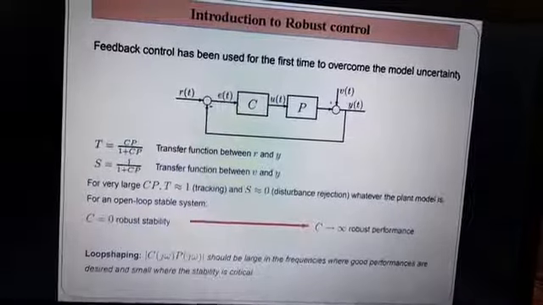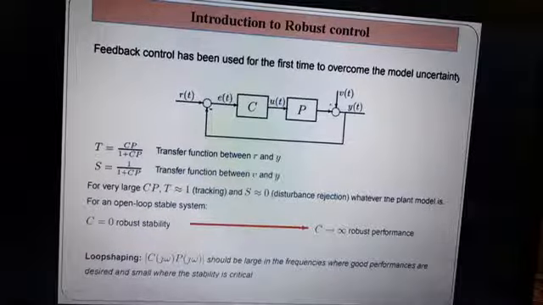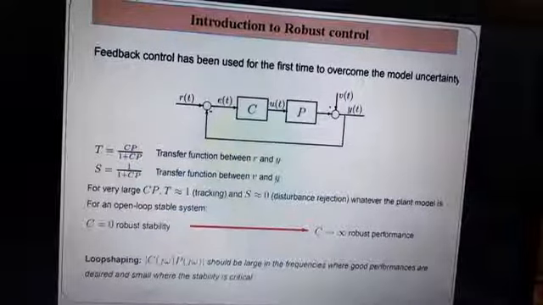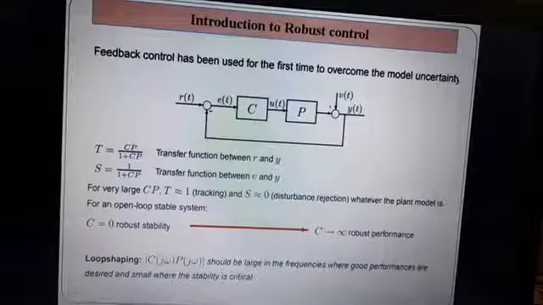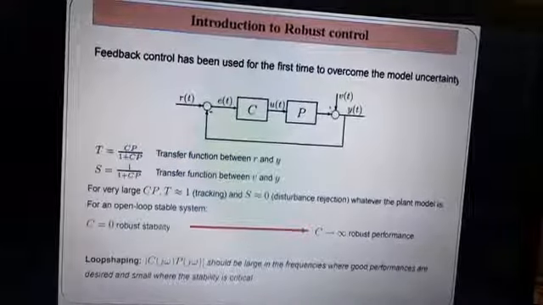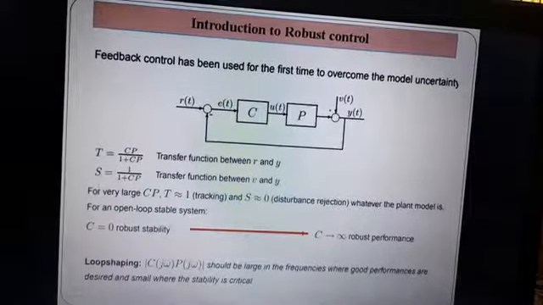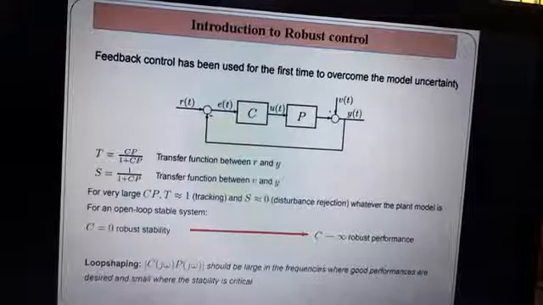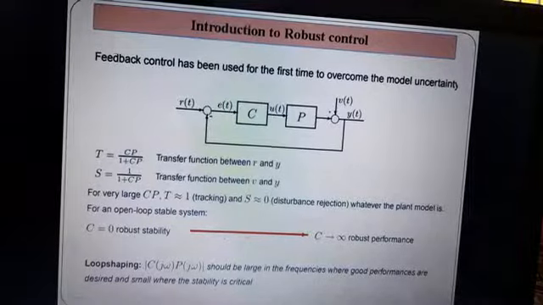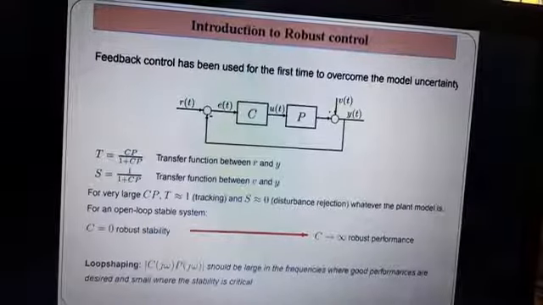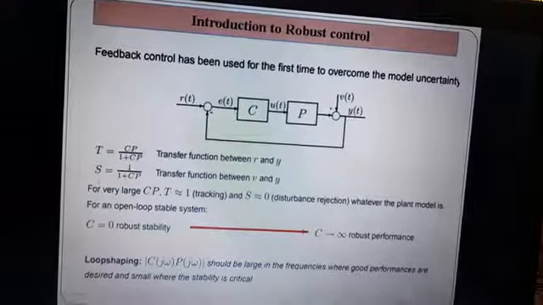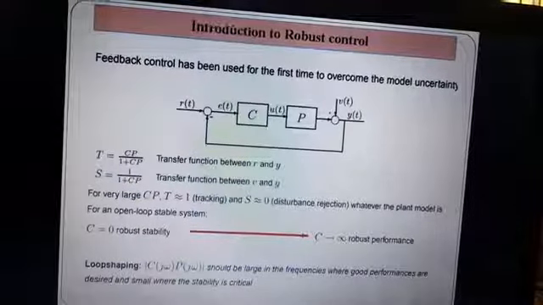Many a times while we design any control system, we need to consider disturbance and uncertainty, because whenever we mathematically solve any problem, later we simulate it in some simulator and observe some desired results.